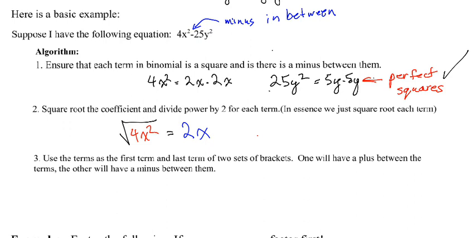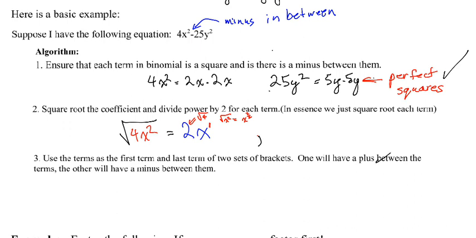Just think of it this way: we square root the coefficient, but then we take the power of 2. When we square root x squared, we go x to the 2 divided by 2, which is just x to the power of 1, but we don't normally write x to the 1.